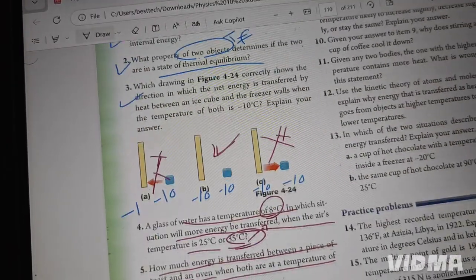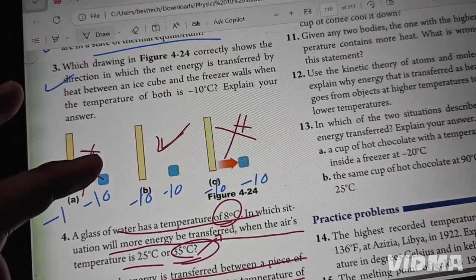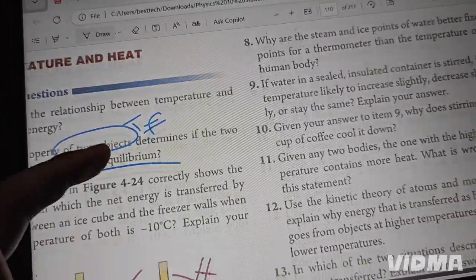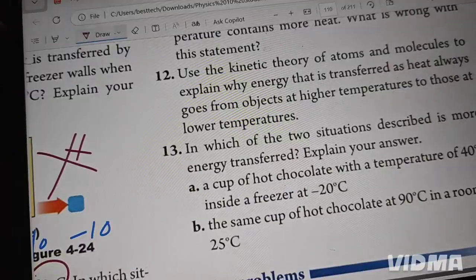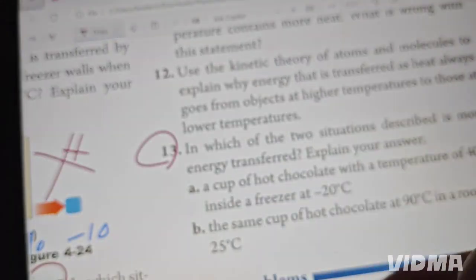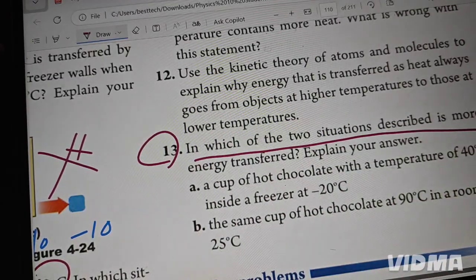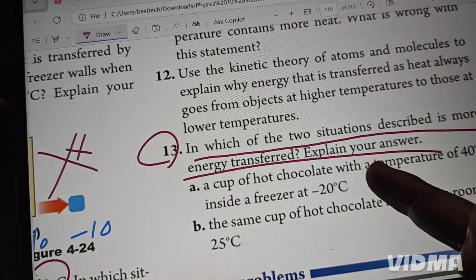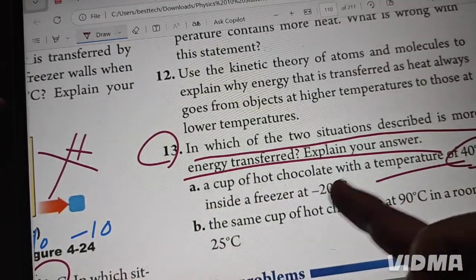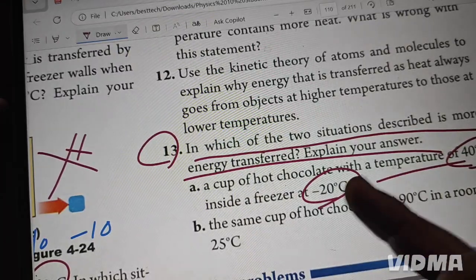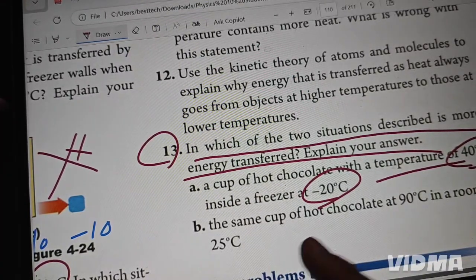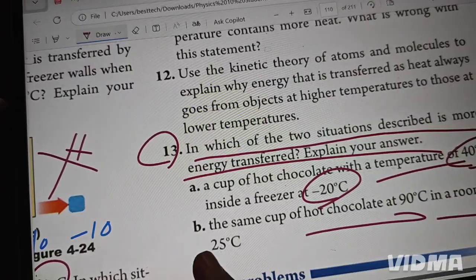Let me solve some of the questions here. Look at question 13, a good question. In which of the two situations described is more energy transferred? A cup of hot chocolate at 40 Celsius inside negative 20 Celsius, or the same cup of hot chocolate at 90 Celsius in a room at 25 Celsius.